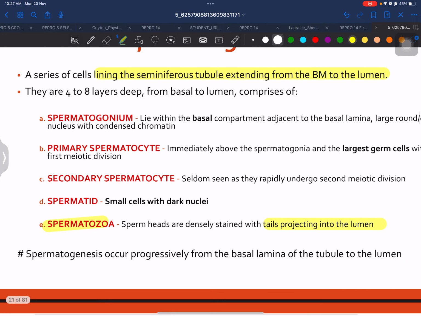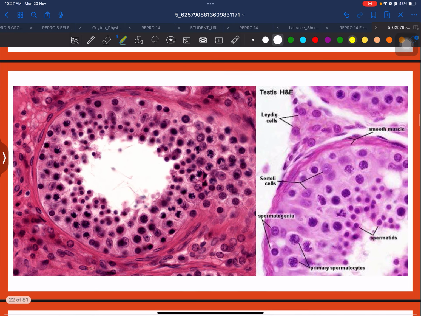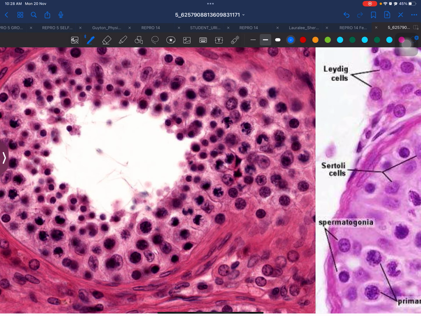If you look, it looks like brush borders, like it has microvilli. That is the tail of spermatozoa. You can see here, these are the spermatozoa: these are the head and these are the tail. These are the spermatids, which have small and dark nuclei.